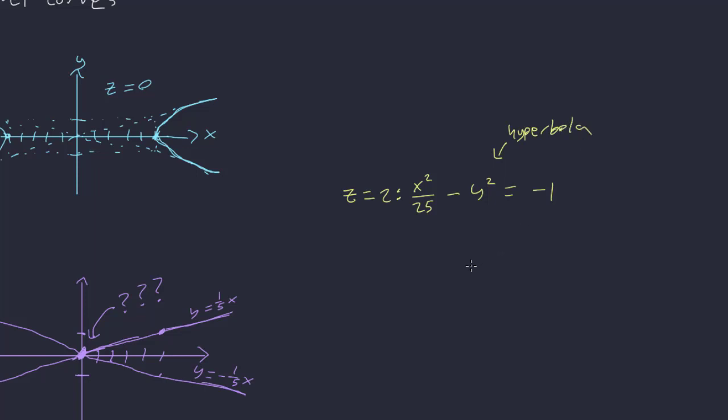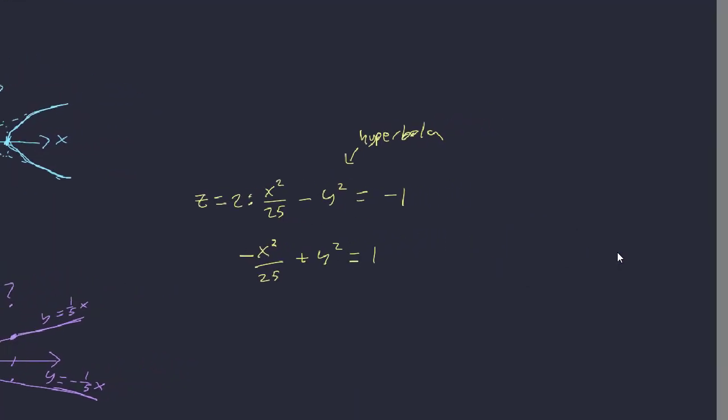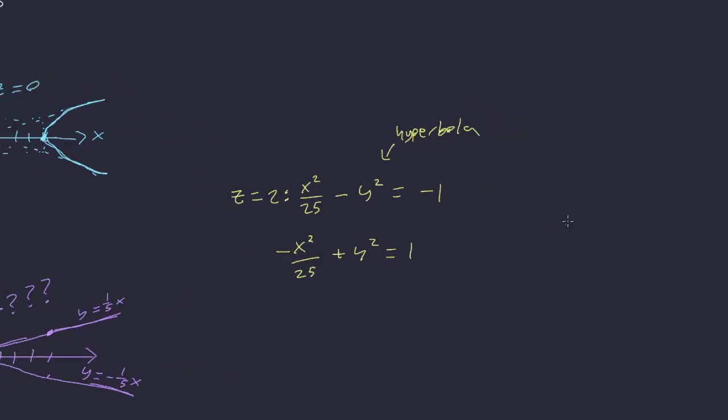And so what happens is this is another hyperbola. Okay, but it's going to be opening upwards, because if I move this negative over, I'll get negative x squared over 25 plus y squared is equal to 1. So this is going to be a hyperbola that matches the same information as before. The x goes out from negative 5 to 5.